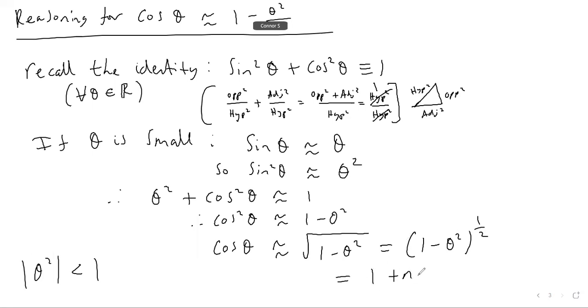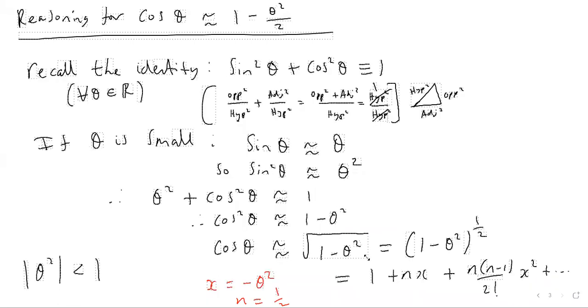1 plus nx plus n times n minus 1 over 2 factorial times x squared plus dot, dot, dot. In this case, our x is negative theta squared, and our n value is our fractional power, so a half. So we substitute x equals minus theta squared into the formula, and n equals a half.